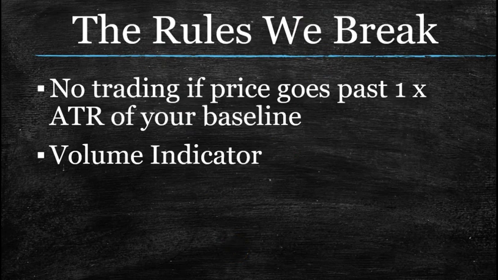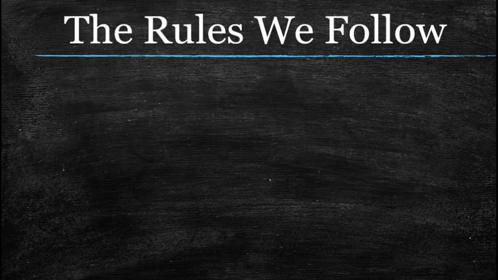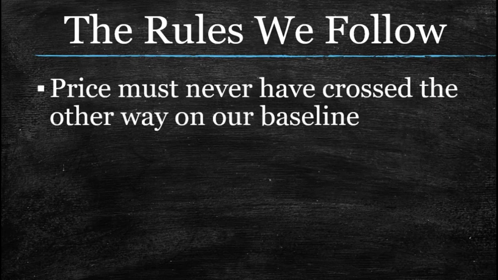Now, here are the rules we follow for continuation trades. Try to stay with me here. If it's hard, we're going to go to the charts, so don't worry about it. But price must have never crossed the other way on our baseline.